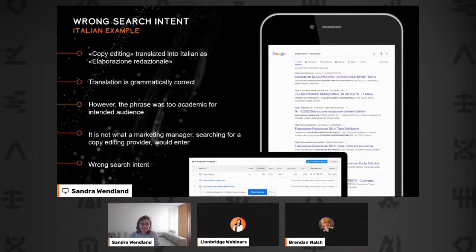Consider this example. In a previous company, long before I worked for Linebridge, we translated a page all about copy editing services into Italian. The Italian page ranked well for elaborazione redazionale, which was the primary term the translators used to convey the concept of editing.